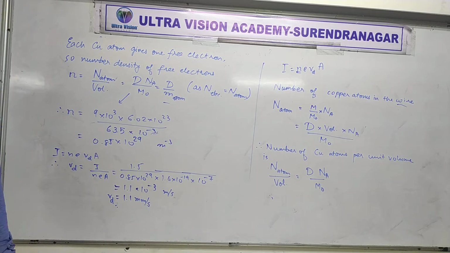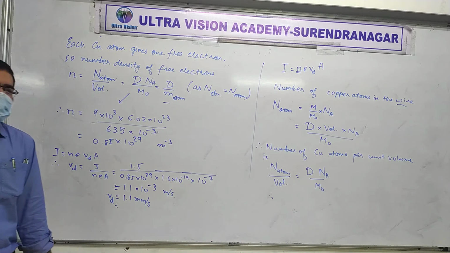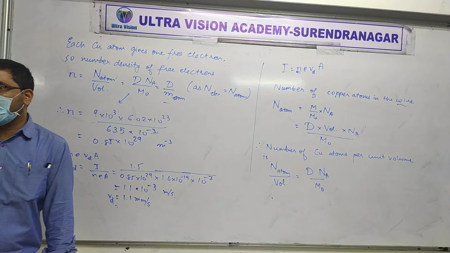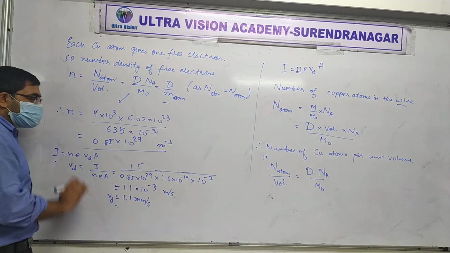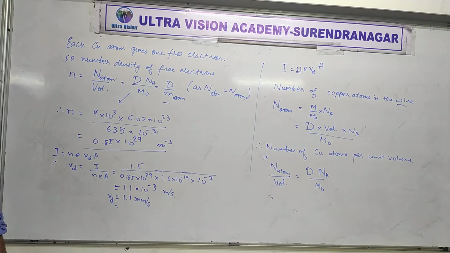Random motion is very fast, but drift is extremely slow. Then why does current flow? Because there are so many electrons. Per unit volume there are this many electrons, so even if all the electrons drift only slightly, overall they can give a lot of current. Understood?